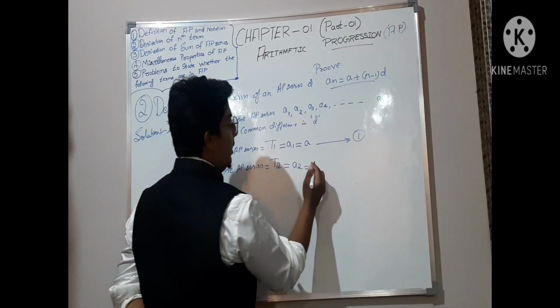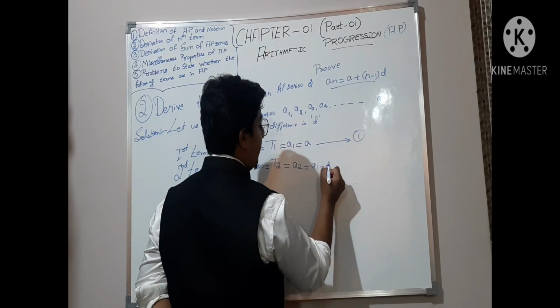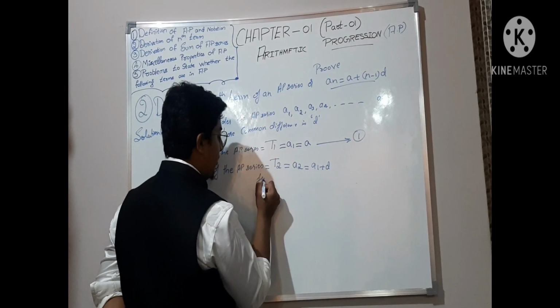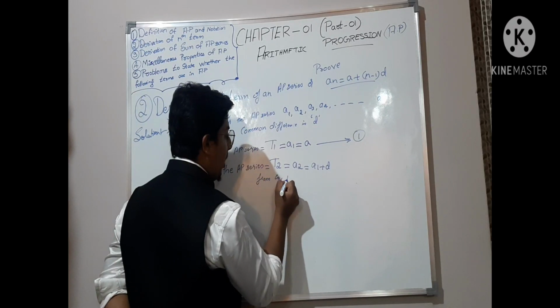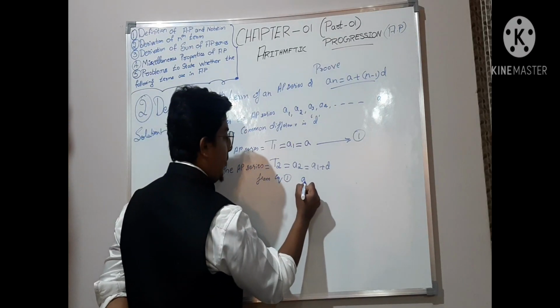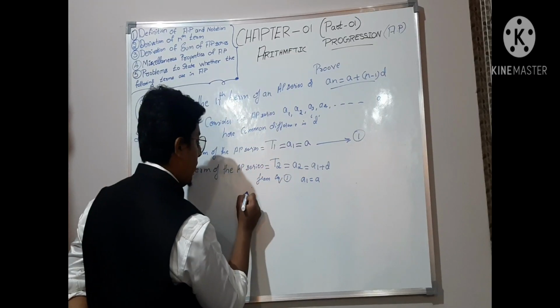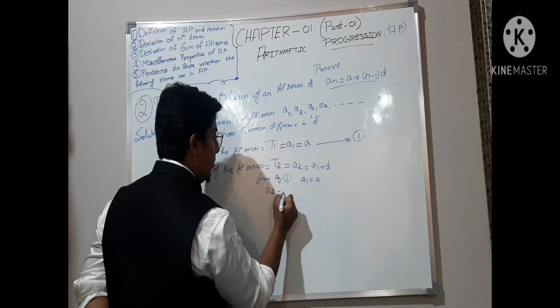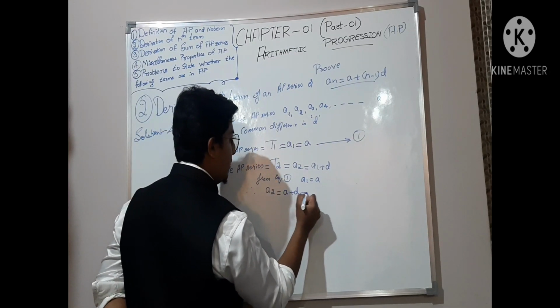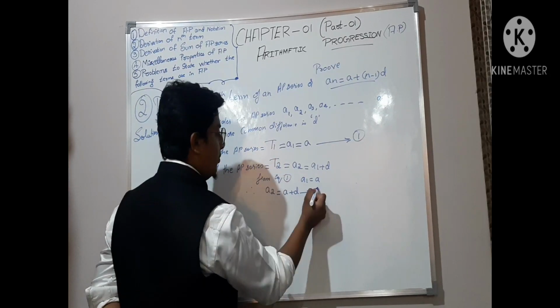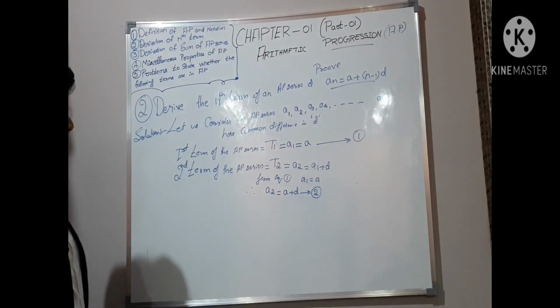So A2 is A1 plus D. From equation 1, A1 is equal to A. Therefore, A2 is equal to A plus D. This is equation 2. Alright, this is the second term.